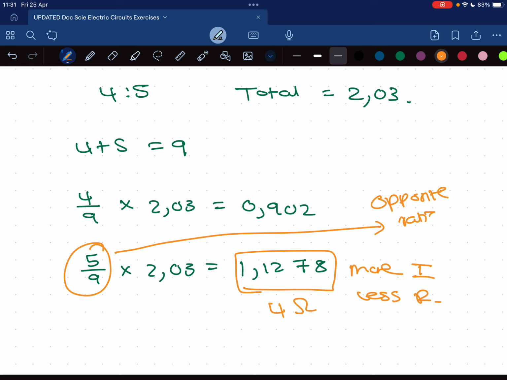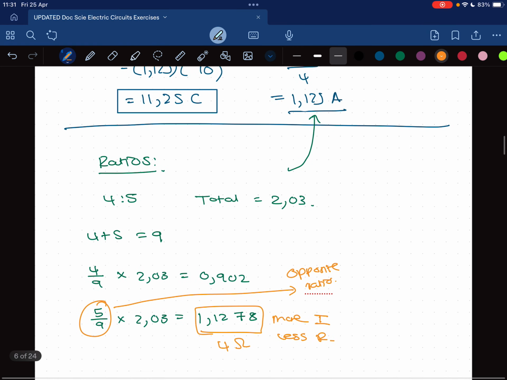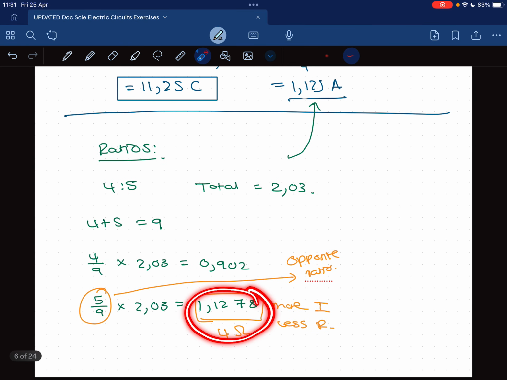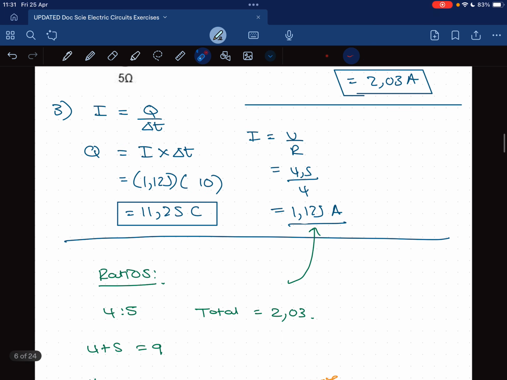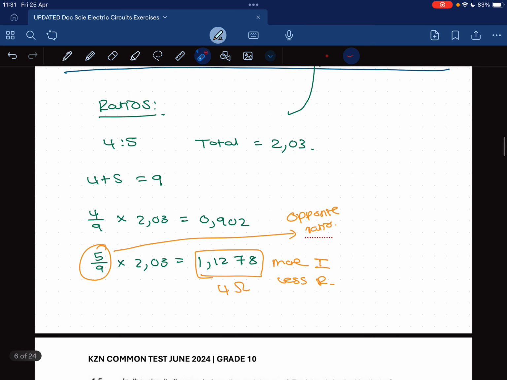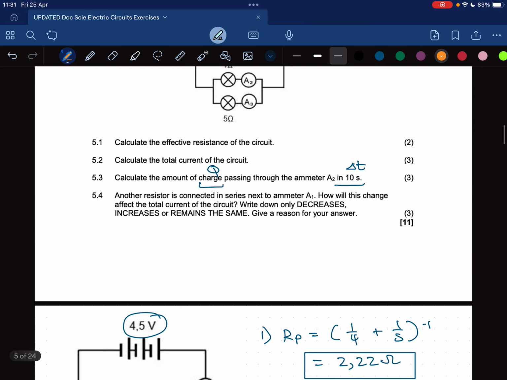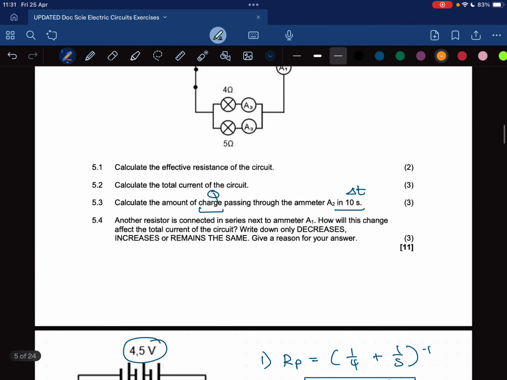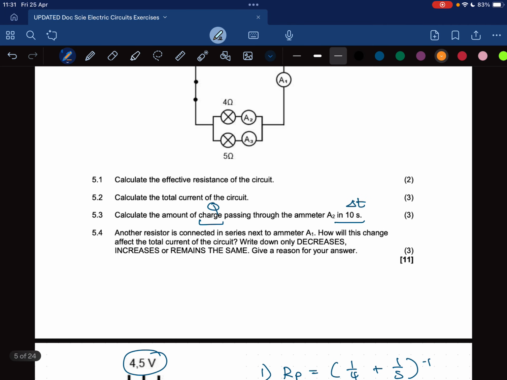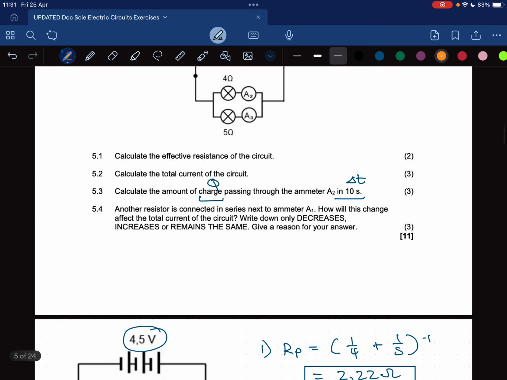ratio. Okay, and then you can use this same current, 1.1278 here. You would get the same answer. Okay, so you can use either method. It's fine. It will still be the exact same answer. Okay, then the last one says another resistor is connected in series to the ammeter A1.